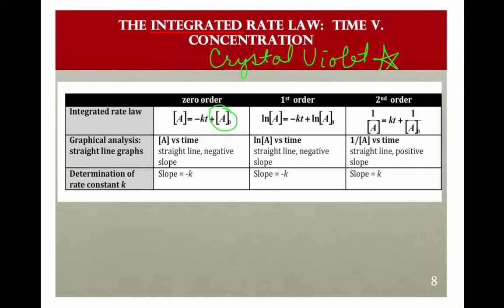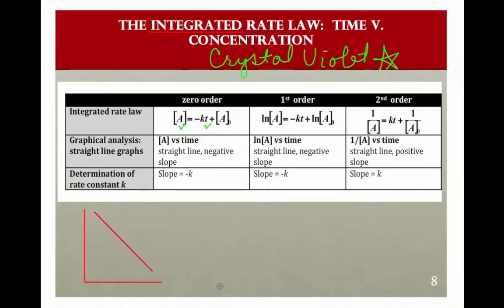If it's zero order, the calculus gives us this equation. And we would graph the concentration of our substance versus time. And if we did that, we would get a straight line. And you notice that that straight line has a negative slope associated with it.